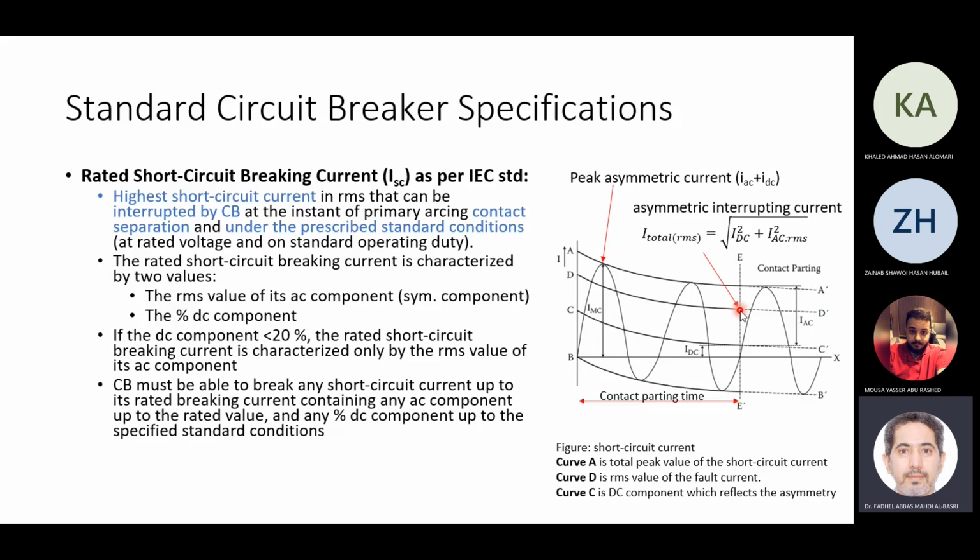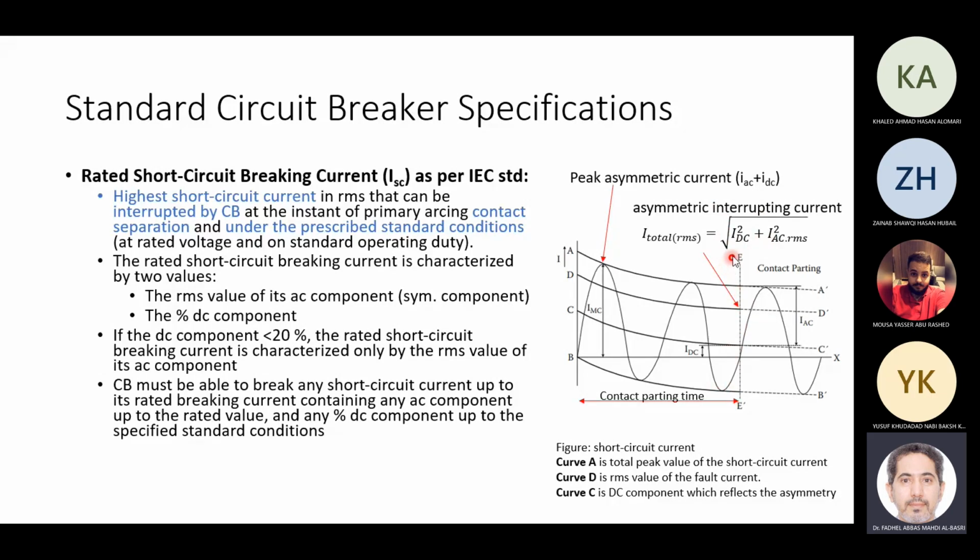They give you the AC components only at the contact parting time, and the manufacturer has already included its ability to also include a portion of a decaying DC.